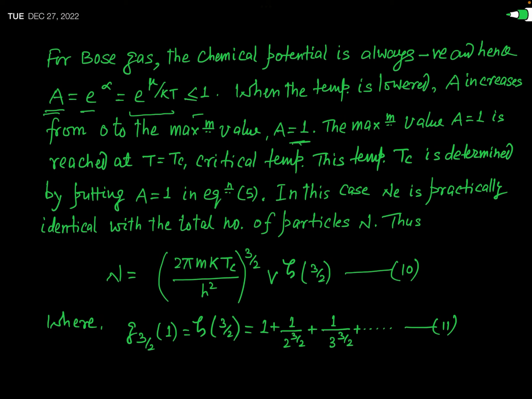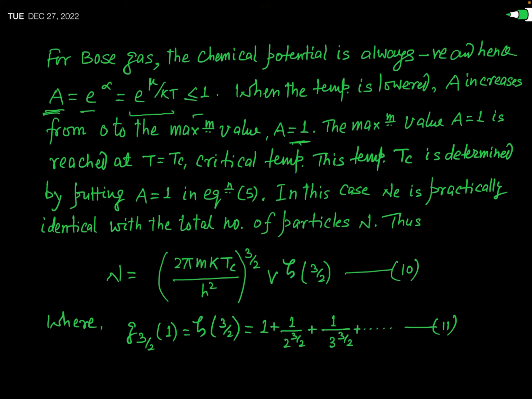When A is maximum, in that condition the temperature is very small, and that particular temperature when A becomes 1 is known as the critical temperature. So the critical temperature is the temperature when this parameter A, or e to the power mu by kT, is equal to 1. And that temperature is called the critical temperature.